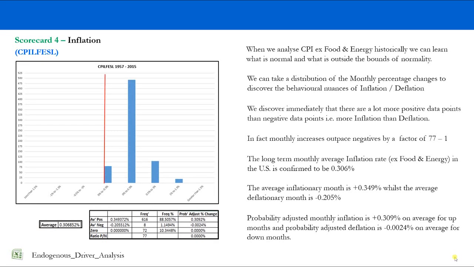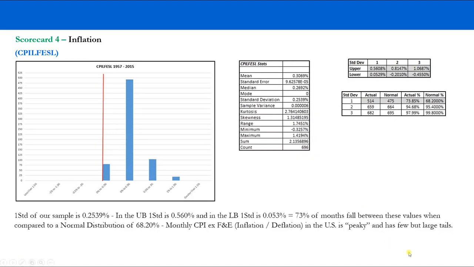Okay, so let's continue to build this analysis out. Let's start looking at the standard deviations. So what we find is that one standard deviation of our entire sample from our descriptive stats comes in at 0.2539%. In the upper bound, when we have inflationary months, one standard deviation is 0.56%.